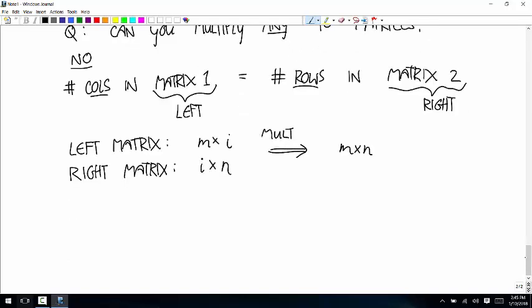Here are a couple of important facts about multiplying matrices. So notice, the first thing is that the order matters in matrix multiplication.